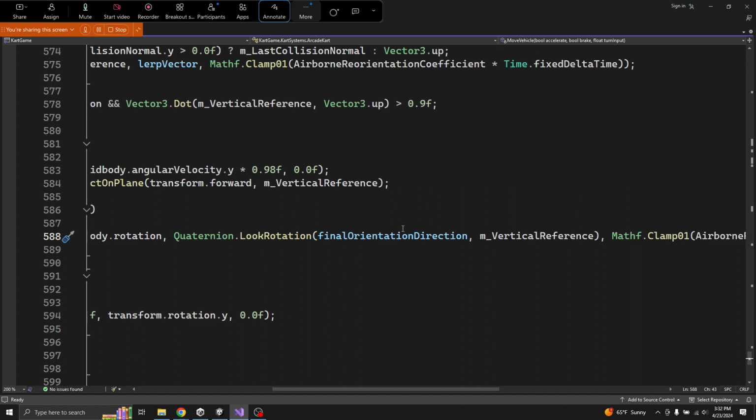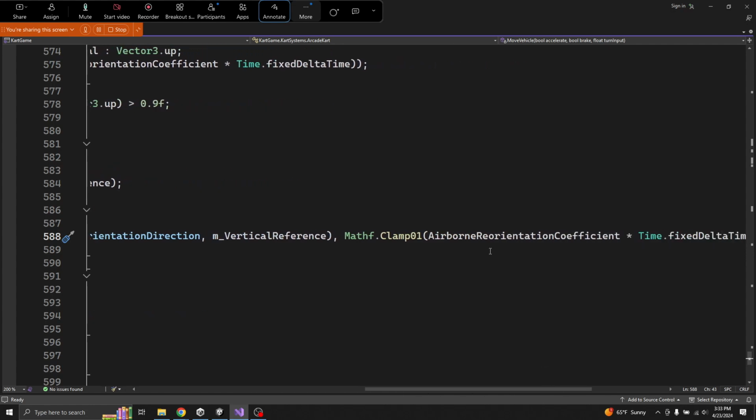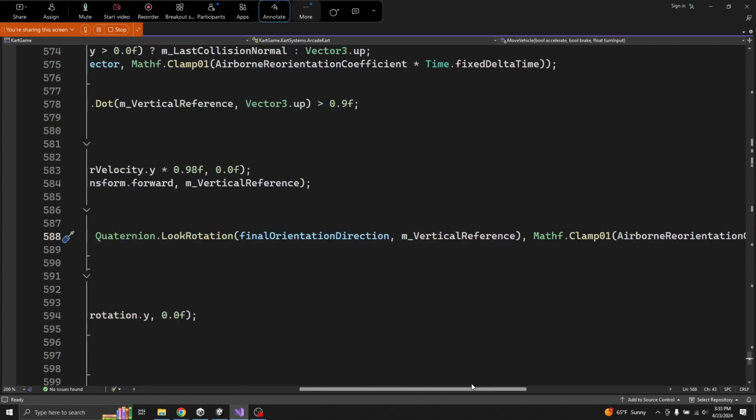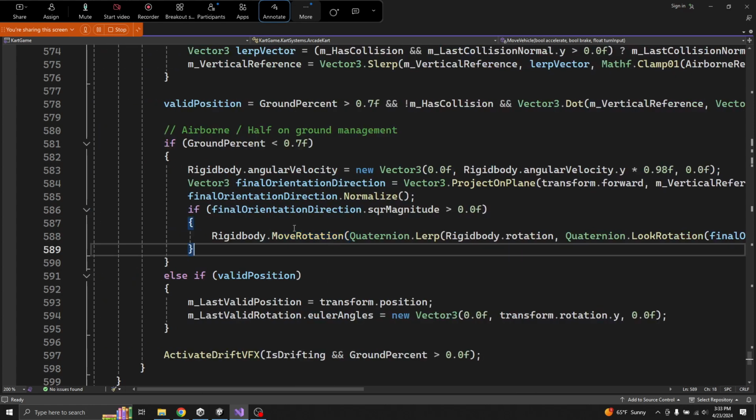So take our final orientation direction, orient it to our vertical reference, pointing up. Usually when you do LookRotation, pointing up is the axis we want to look around. And then we're going to clamp from 0 to 1 because that's our t factor. Okay.